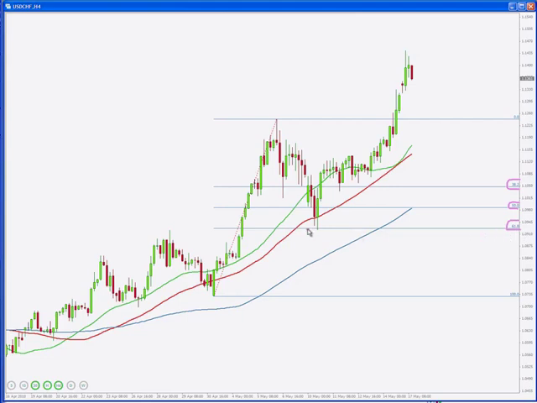This time around, price touches right to the pip the 61% Fibonacci retracement. That's great. Again, I don't quite require perfect bounces of a Fibonacci retracement. As long as the bounces happen somewhere in between the 38 and the 61% band, it's okay by me.